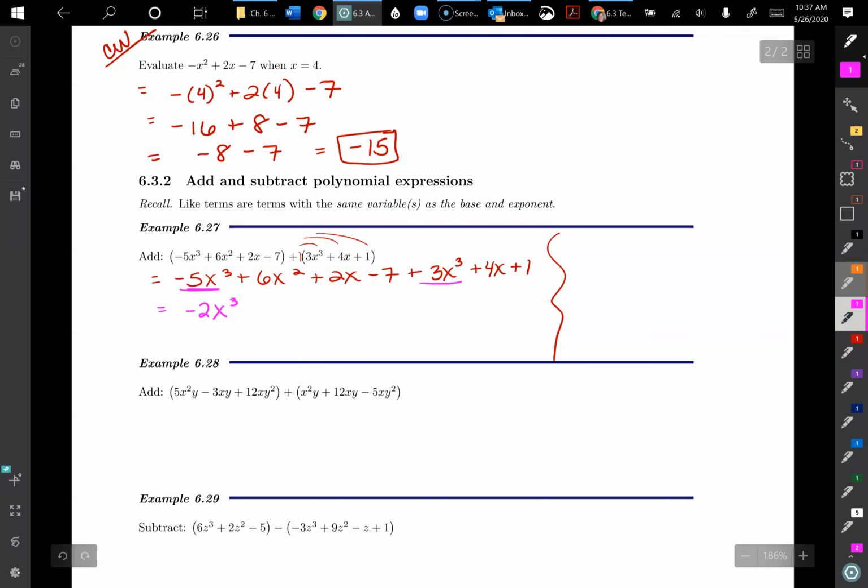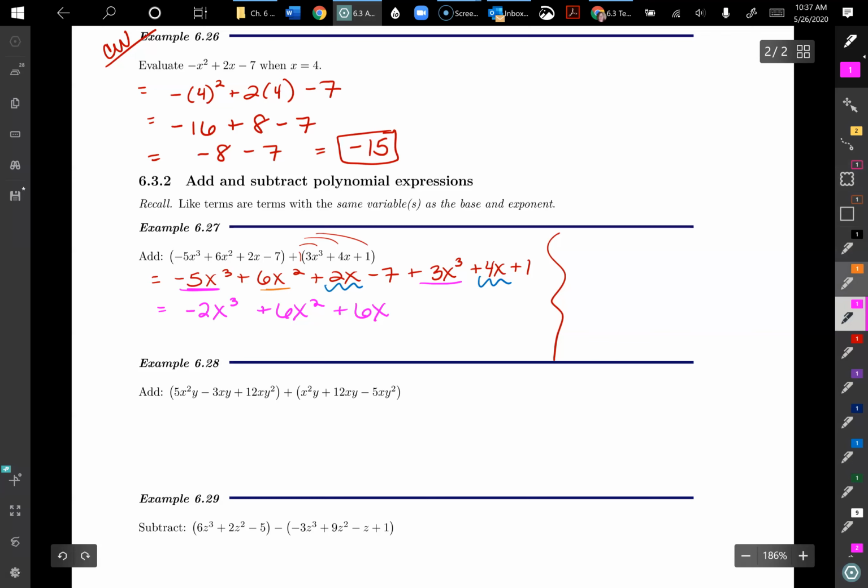So then we have the next one is 6x squared matches up with nothing. So I just go ahead and write that one down. Plus 6x squared because there's no other x squareds. Then I'm going to look at the x's. I have a 2x plus a 4x, and just really watch your signs on these two, plus 6x.